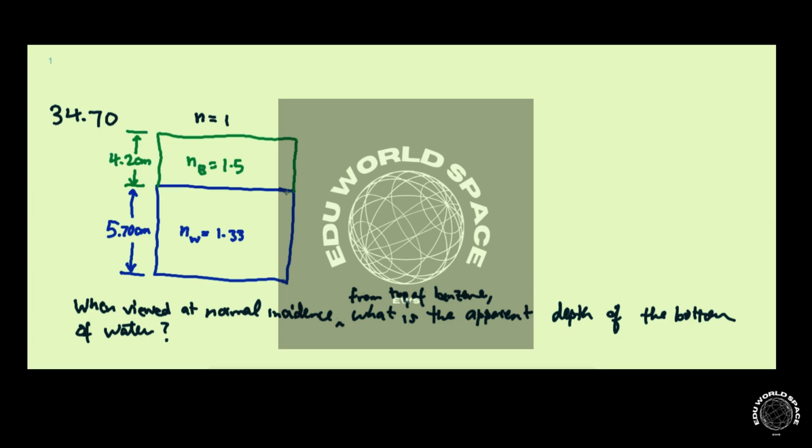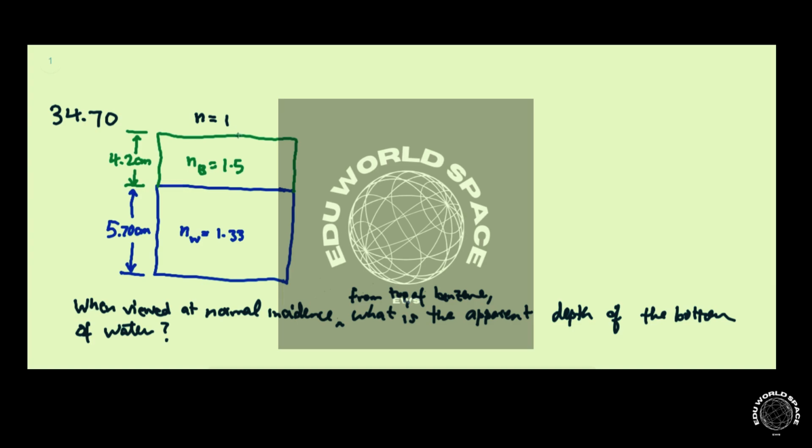So what we need to take into consideration is that at the benzene-water interface, there's going to be an apparent depth from the bottom of the benzene to the bottom of the water. There's going to be an image that will give one apparent depth.